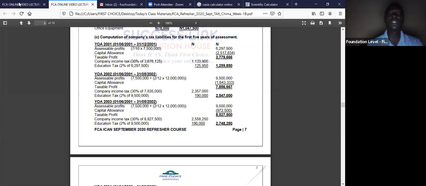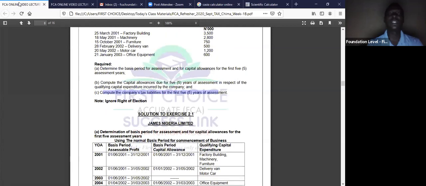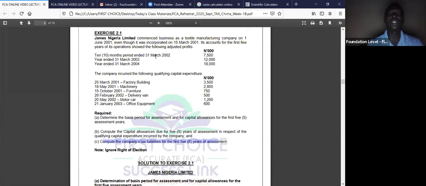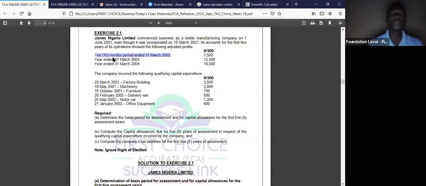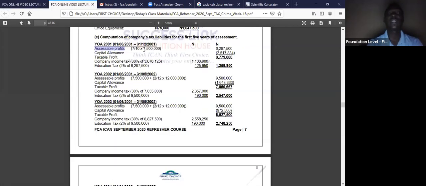We'll bring the assessable profit that was given to us. Assessable profits given to us, they told us that it was a 10 months period. But we needed out of these 10 months, what we need is from June to December, which is 7 months. Now we're going to take it from these 10 months. So we say 7/10 times the figure given for us for 10 months gives us this figure here.